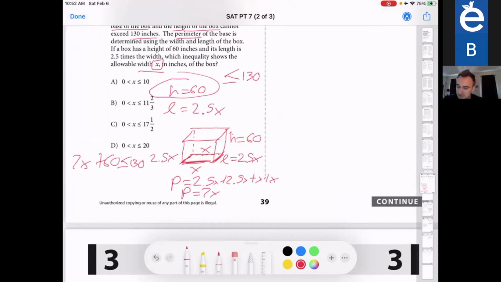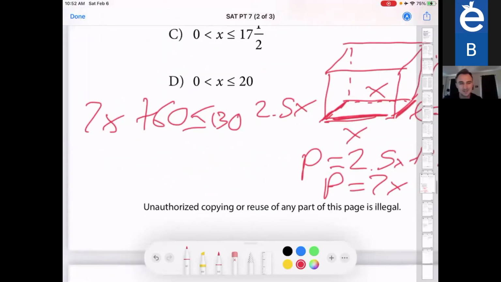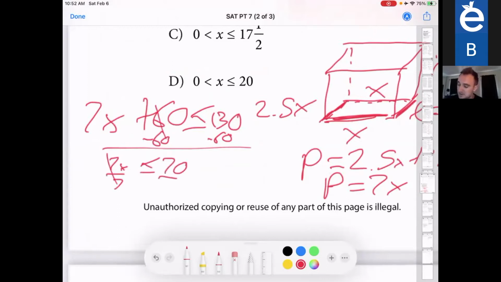So then I can subtract 60, right? I want to put this in a more simplified form. We can see that this inequality that I have here is not very simplified. We could write this in a better way. So if I subtract 60, I get 7x is less than or equal to 70. Divide by 7, divide by 7.